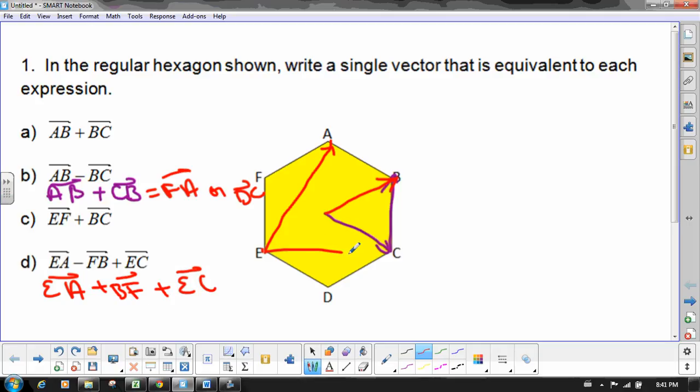EC is right here. I'm actually going to erase those other vectors that I have over here so that they don't confuse us too much. So I have these two vectors when I'm looking at that. So EA plus EC. And then if I throw BF into the mix, I'm going to use a different color for that. So BF is going in this direction.